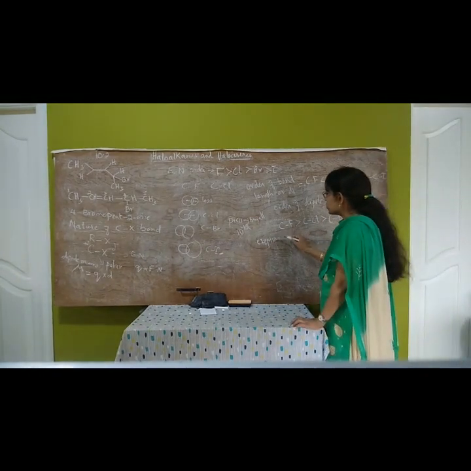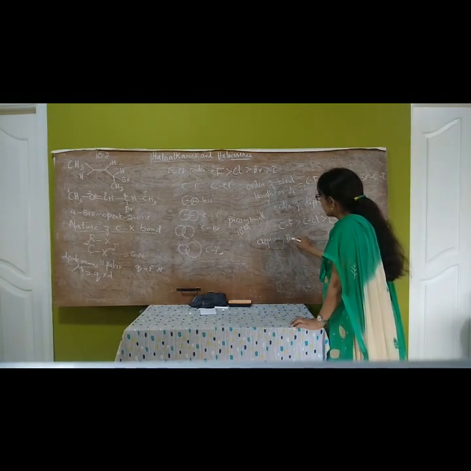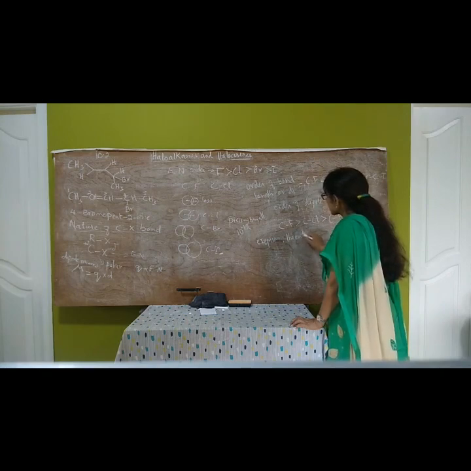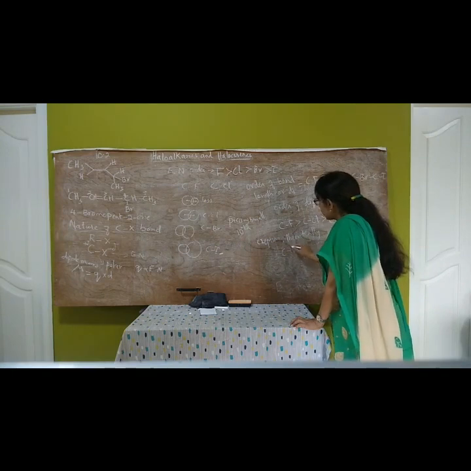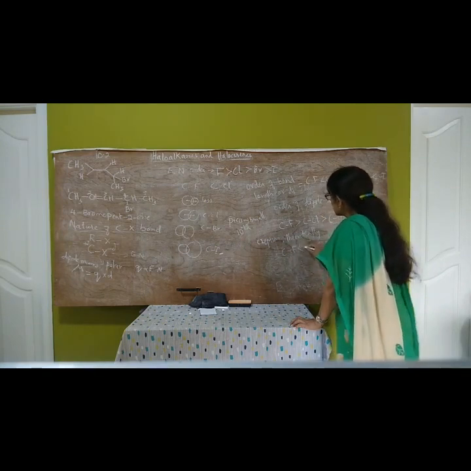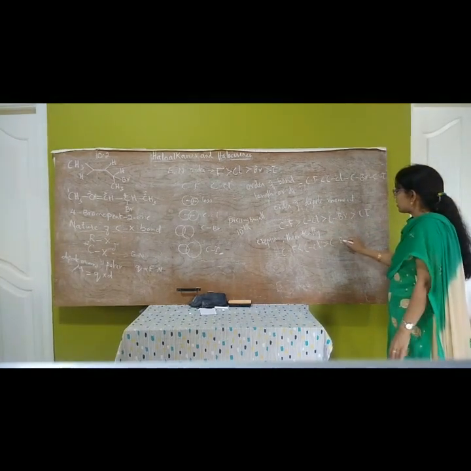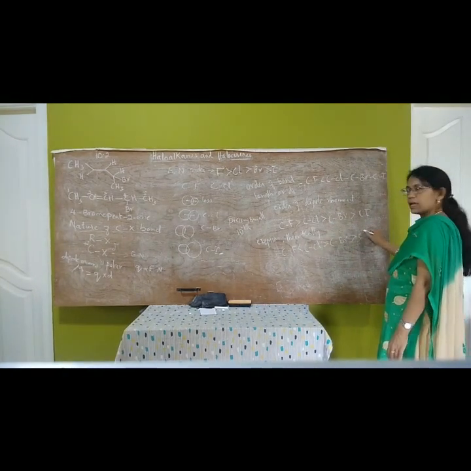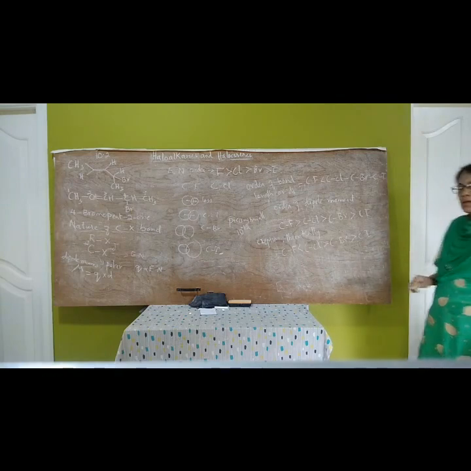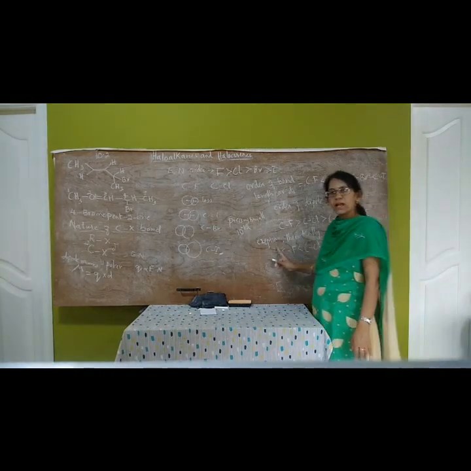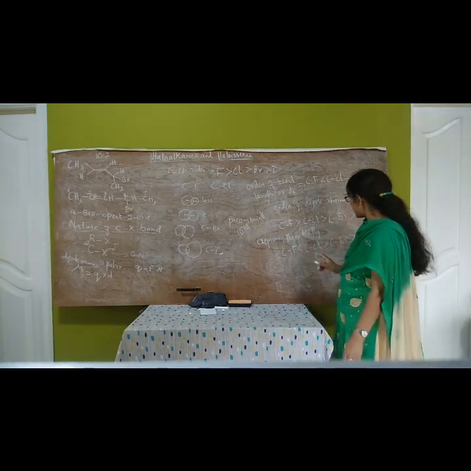Actually, the order of mu is C-F less than C-Cl, that is greater than C-Br, greater than C-I. This is the actual order.